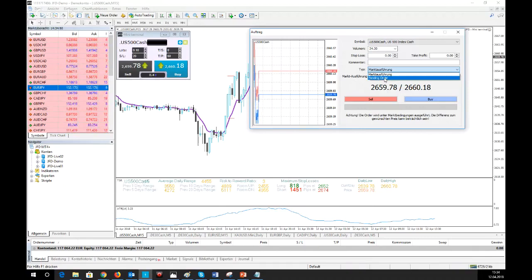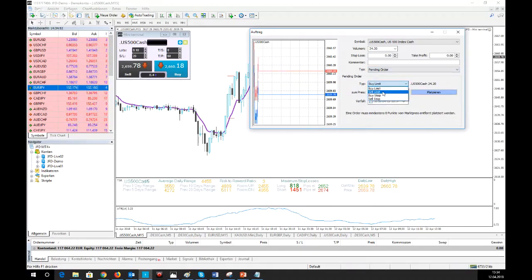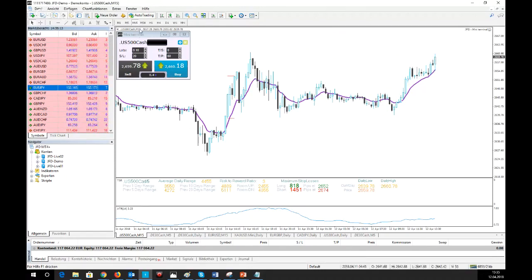And if you have a pending order, you can choose between buy limit, sell limit, buy stop, and sell stop. But that's it, nothing more than that. In fact, it doesn't look very nice at all, and on top of that, it's also quite difficult to manage the trade once you have entered it. And this is something where the mini terminal can give you a huge advantage compared to other traders.